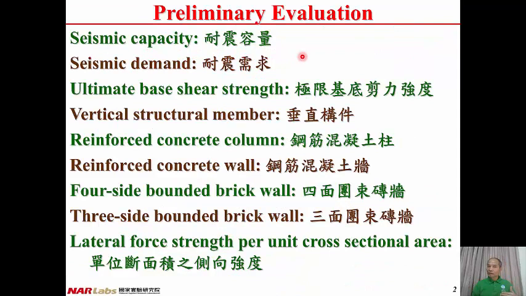Here are some terminology. Seismic capacity is the earthquake level that a building can resist. In Chinese, 耐震容量. Seismic demand is the earthquake level that a building may face in its service life. In Chinese, 耐震需求.